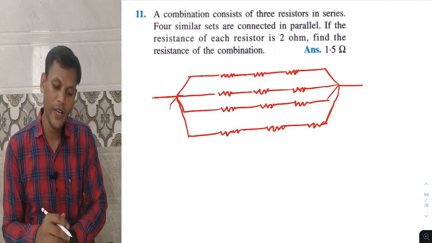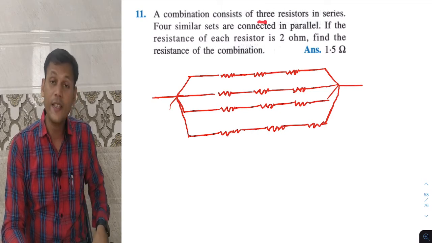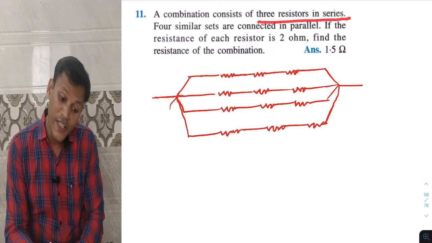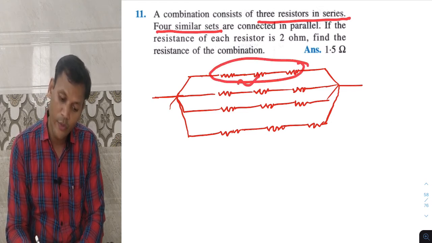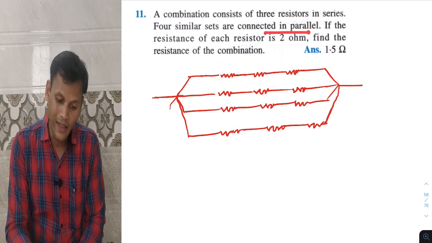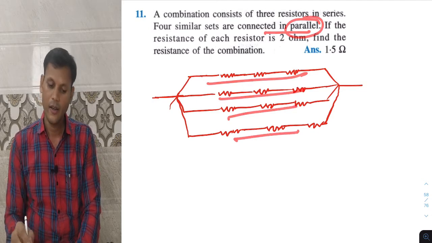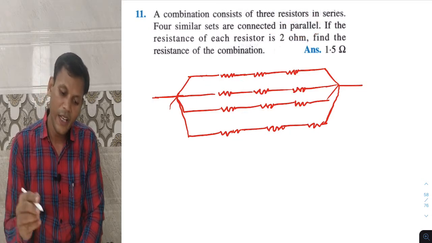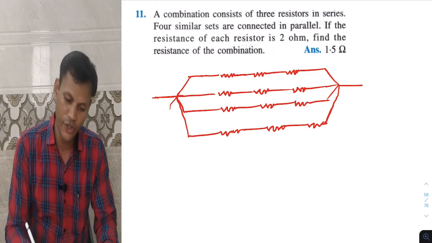So it is given the combination consists of 3 resistors in series, 4 similar sets, 1, 2, 3 and 4 are in parallel. Of course this and this all are in parallel. If each resistor is 2 ohm, find the resistance of the combination.